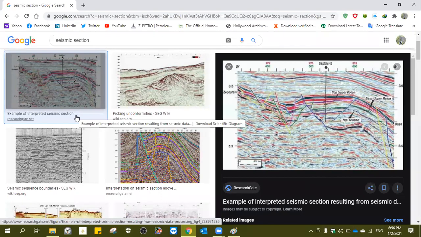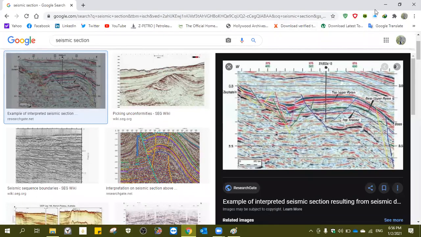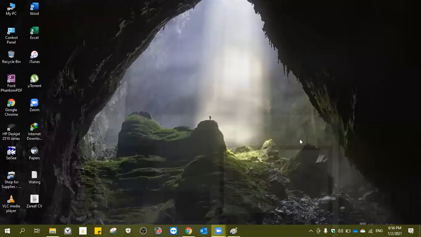With the help of this technique, we can now easily extract hydrocarbons with the help of our seismic sections. So sweet spots, bright spots, dim spots are known as DHIs, which stands for direct hydrocarbon indicator.